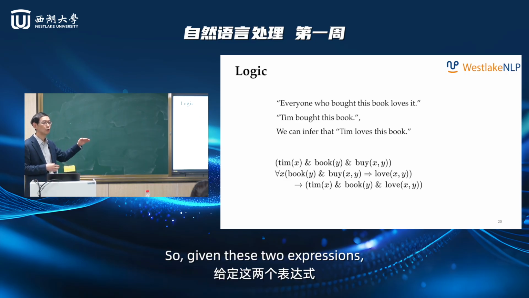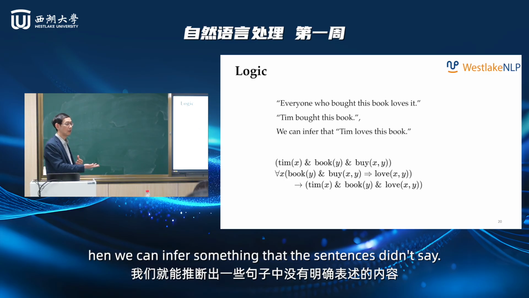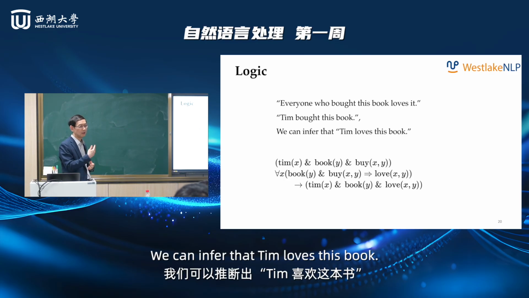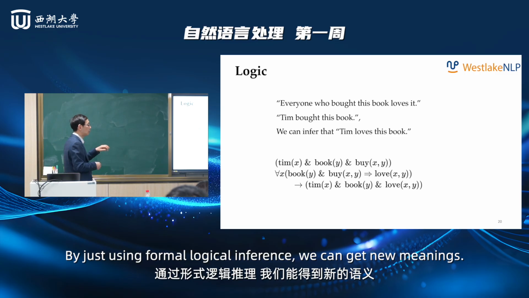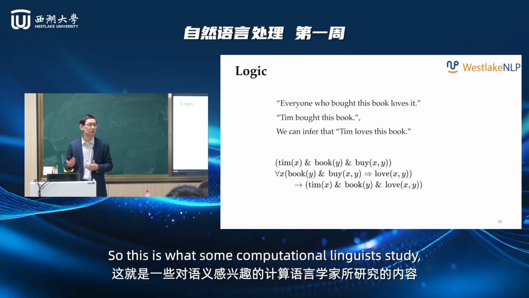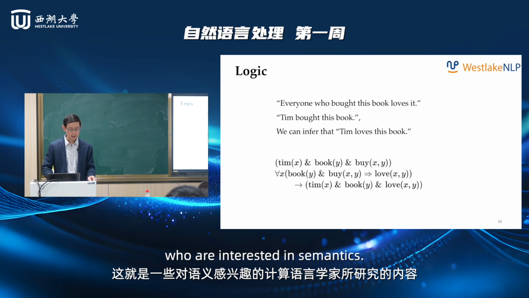So given these two expressions, then we can infer something that the sentences didn't say, right? We can infer that Tim loves this book by just using formal logical inference. We can get new meanings, okay? So this is what some computational linguists study who are interested in semantics.